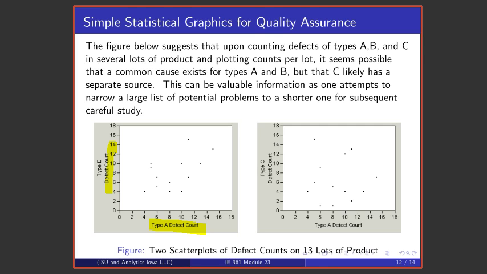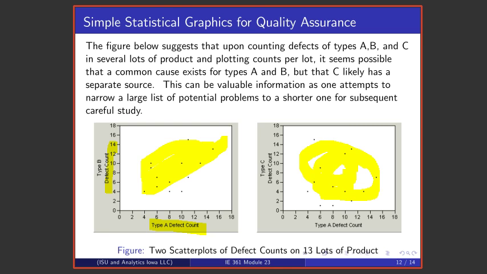In the left-hand side, there seems to be some positive relationship between the counts of the two kinds of defects, whereas on the right there doesn't appear to be any trend or apparent relationship between the two counts.